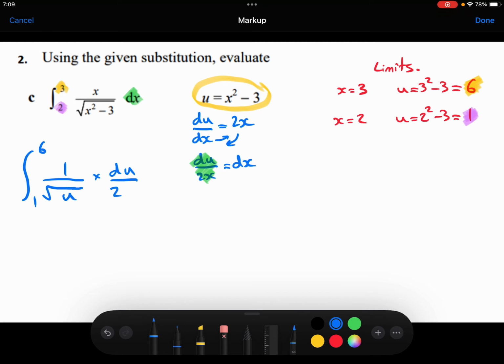Right, just to rewrite this a little bit so I can integrate it now then. Just times in the root u and the 2 to get 2 root u.